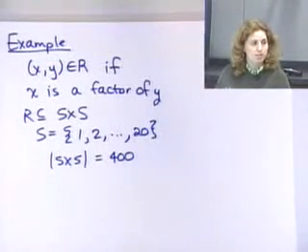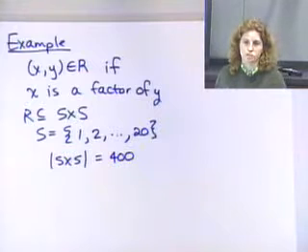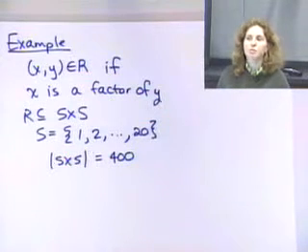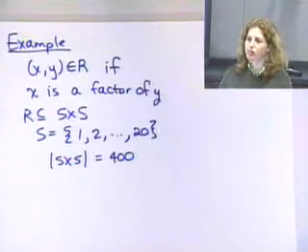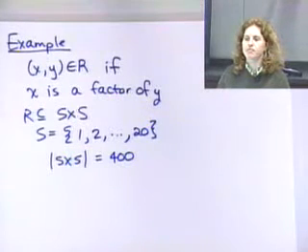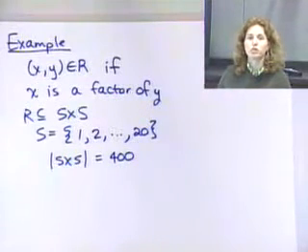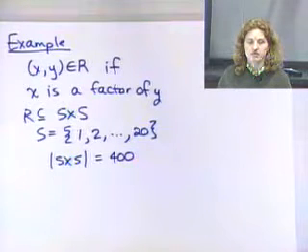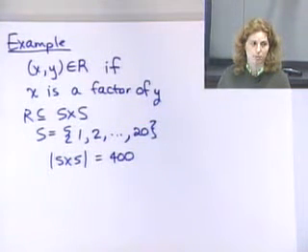And a relation is a subset of S cross S, right? How many possible subsets are there of S cross S? It's not factorial, it's the power set. 2 to the 400. So that's how many possible relations that we have.